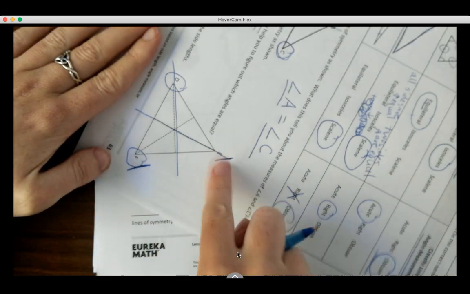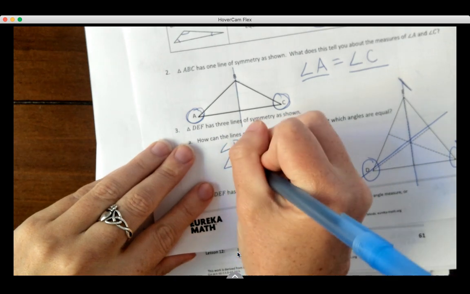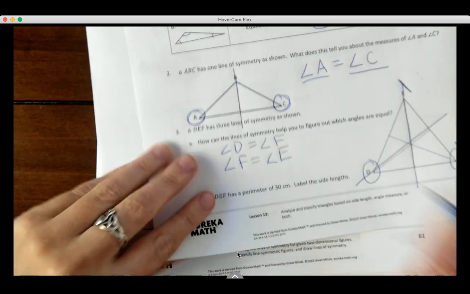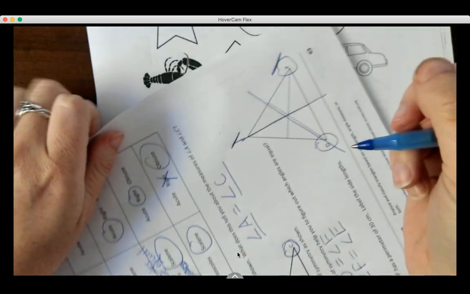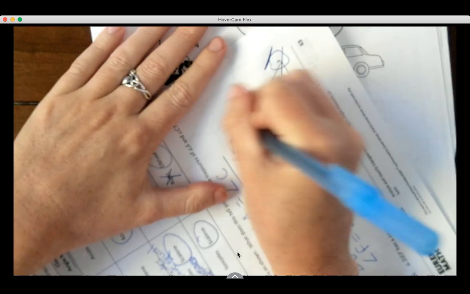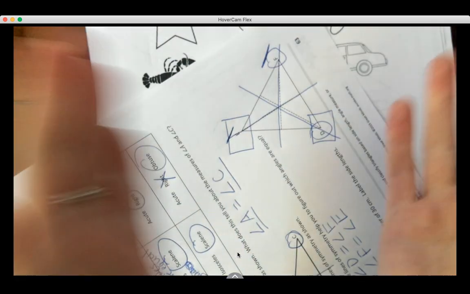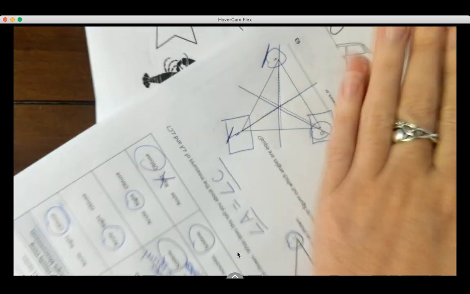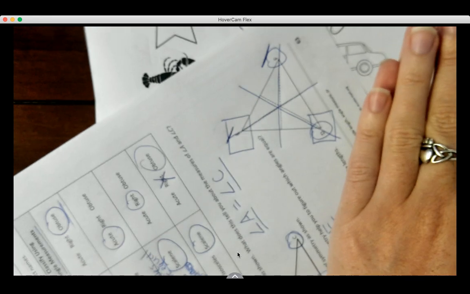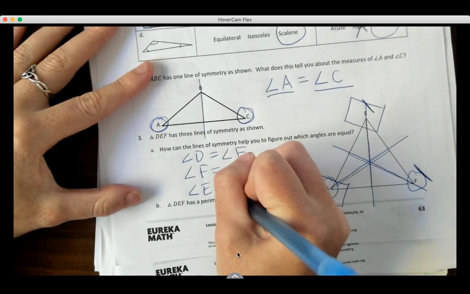The angle F has to be the same as E. So angle F is the same as angle E. And then if I make a line of symmetry at the angle F, then E and D have to be equal because with a line of symmetry, the same image has to happen when we fold it, okay? So we know that angle E and angle D are equal.